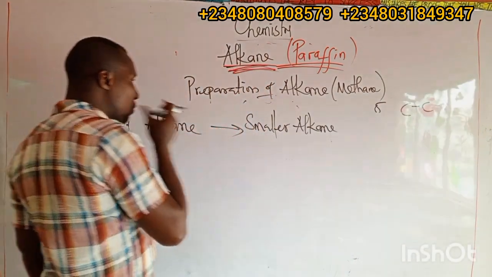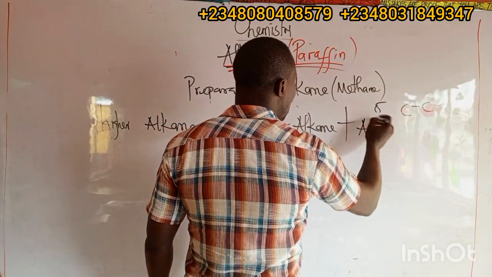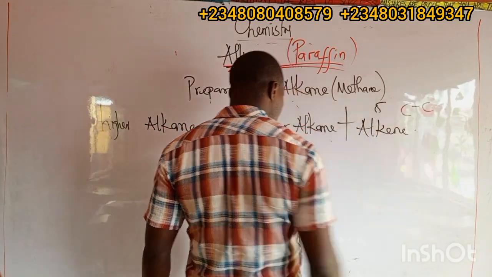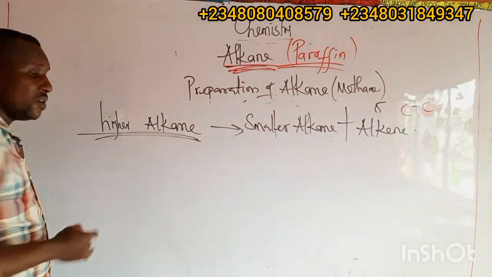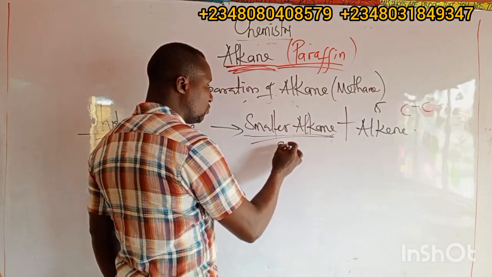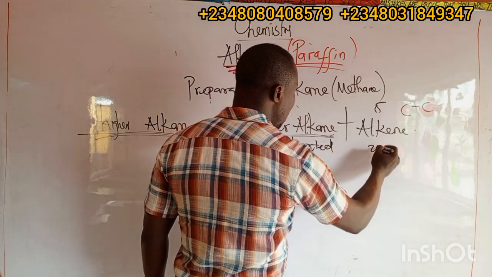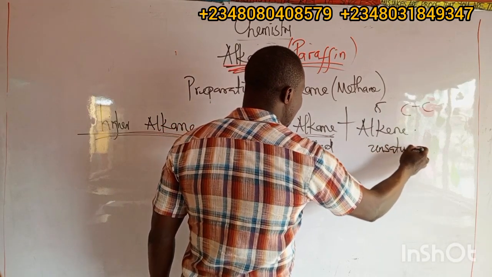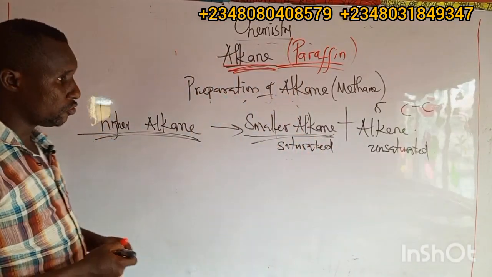Cracking of higher alkane will give you a smaller alkane and an unsaturated compound, which is alkene. Take note. When higher alkane undergoes cracking, pyrolysis, smaller alkane will be given, which is saturated, and alkene, unsaturated. And alkyne can also be given, highly unsaturated.